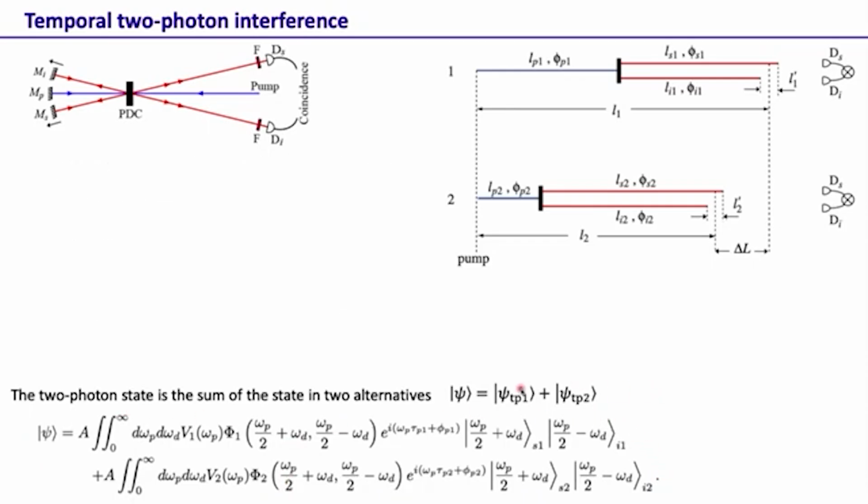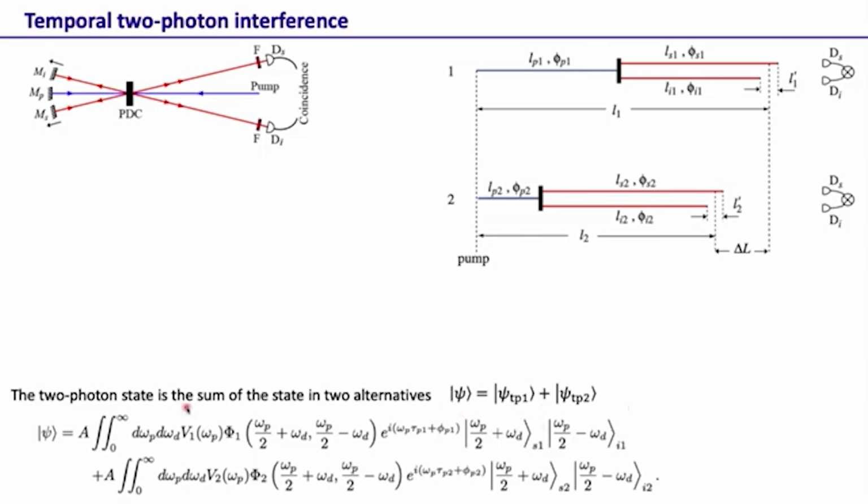Again, psi TP1 is the two-photon state produced in alternative 1 right at the exit face of the crystal, and psi TP2 is the two-photon state produced in alternative 2 at the exit face of the crystal, and psi is the sum of the two states.